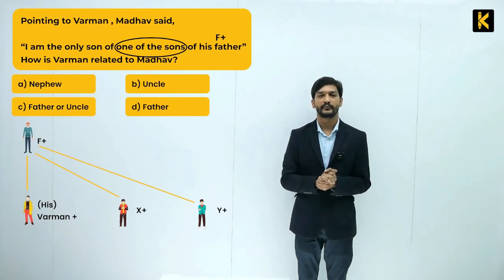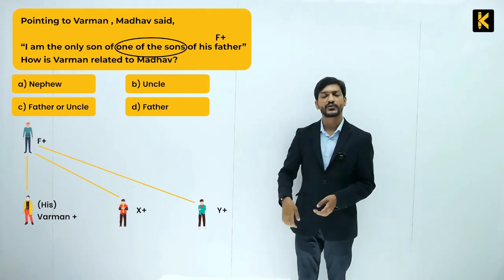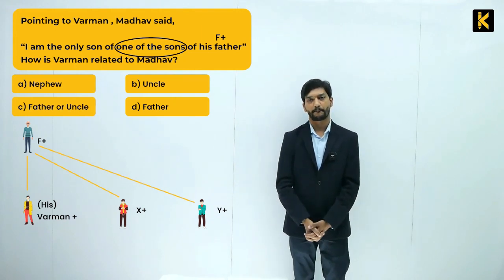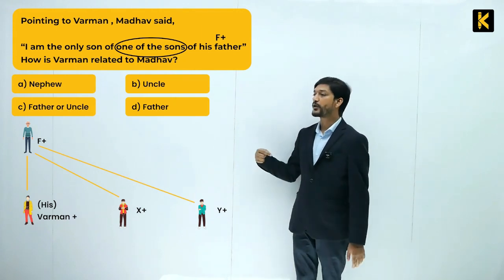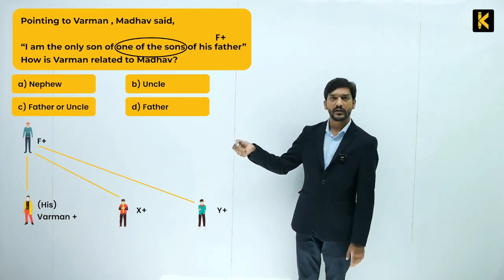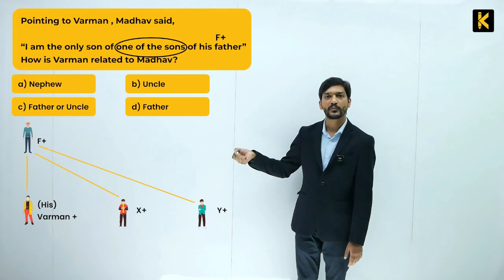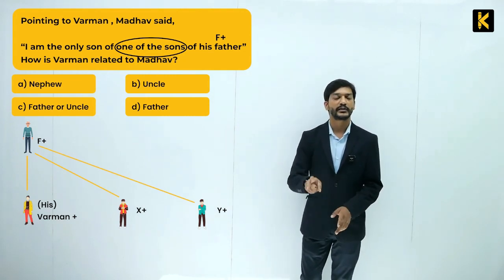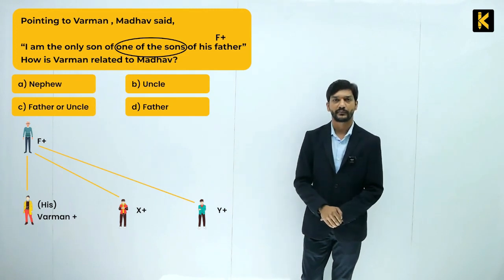Out of these 3, which son should I take? That is a confusion. I can take Varman or I can take some other son, that means somebody other than Varman, either X or Y. So there will be 2 cases.